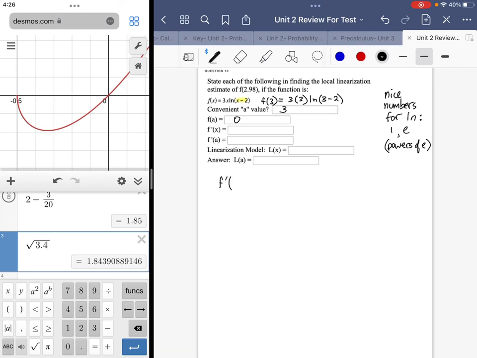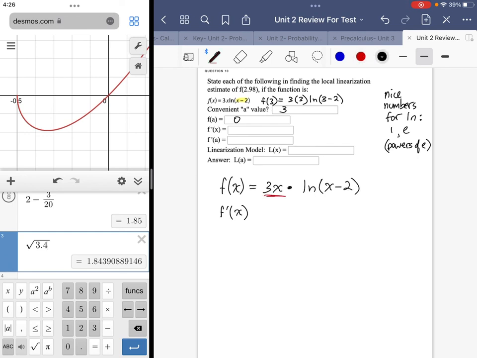All right. f prime of x. Well, our original function is 3x ln, so it's going to involve some product rule. I'll rewrite f of x here and exaggerate the product here: 3x times ln of x minus 2.